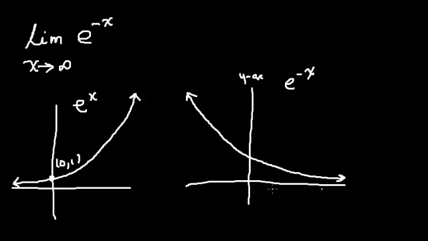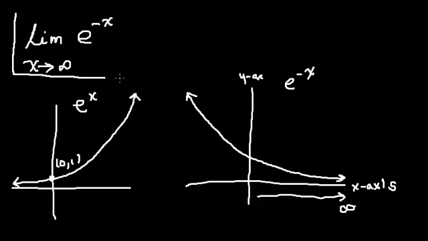And notice that this x-axis is called the asymptote. So if you understand this function as it is, as x approaches a very large value, and let's say it's infinity, and that's what we're doing here, we're trying to understand how this function behaves as x approaches infinity.